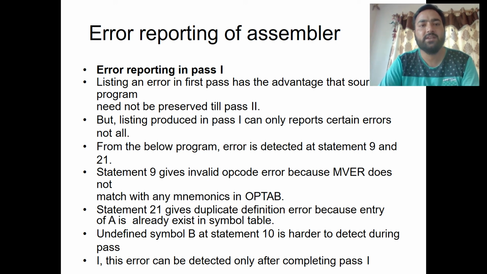The first one is that listing an error in the first pass has the advantage that the source program need not be preserved till pass 2. So at the initial stage we will find out the errors. But the listing produced in pass 1 can only report some errors, not all.